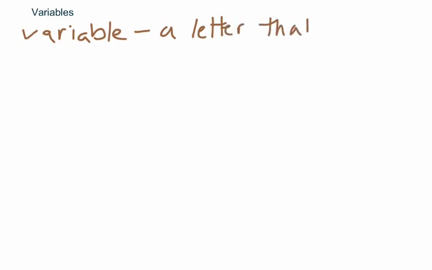The next building block in algebra is the concept of a variable. Now, a variable is a letter, so we'll go ahead and define this. A variable is a letter that represents one or more numbers.